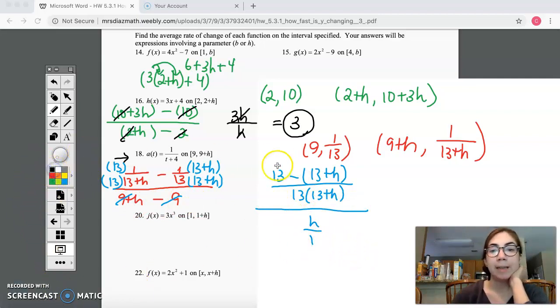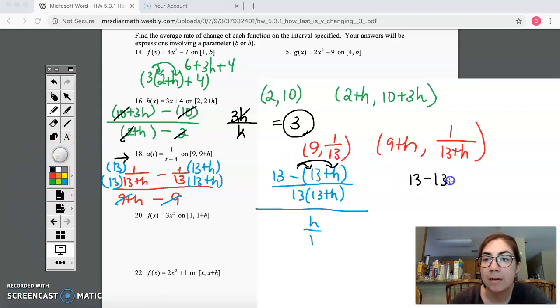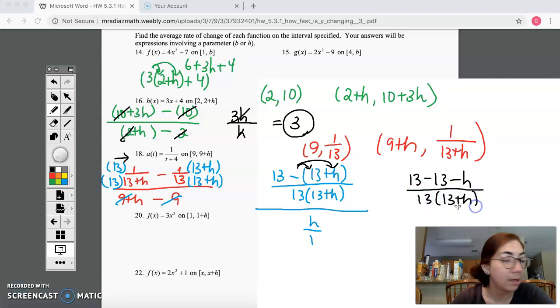And then the reason I kept this in parentheses is so you can distribute the negative. So we get 13 minus 13 minus h all over 13 times 13 plus h all over h over 1.